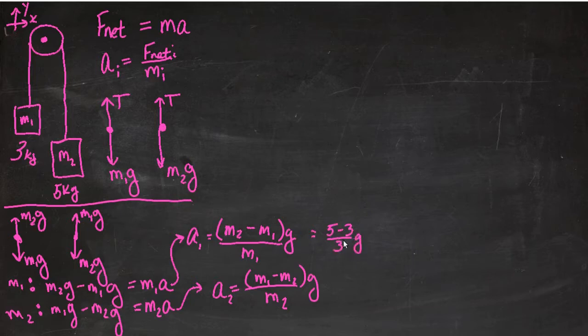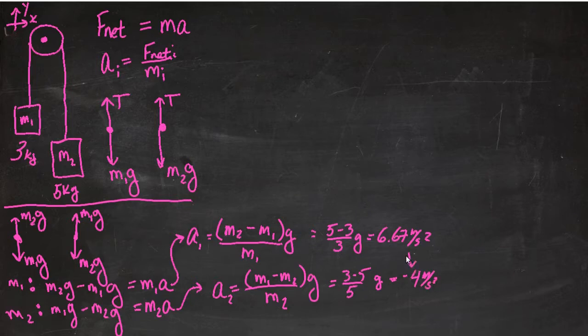So that's 5 minus 3 is 2, over 3, 2/3 times 10, 6.67 roughly meters per second squared. And here I would have 3 minus 5, all times g, over 5. So 3 minus 5, I'd have negative 2/5 g, negative 20/5, or negative 4 meters per second squared.